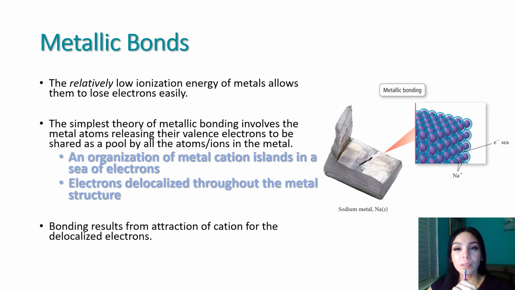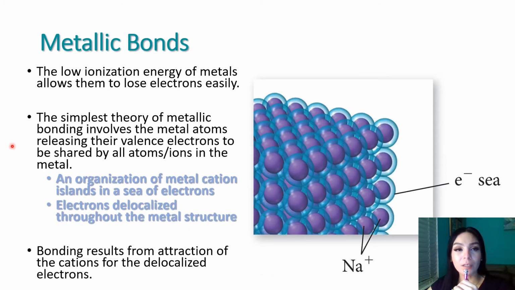And that's pretty much what happens for metallic bonding. Specifically, this happens whenever you have a solid metal in its standard state. So for example, whenever you have solid sodium by itself, this is how the atoms are bound together through metallic bonds.